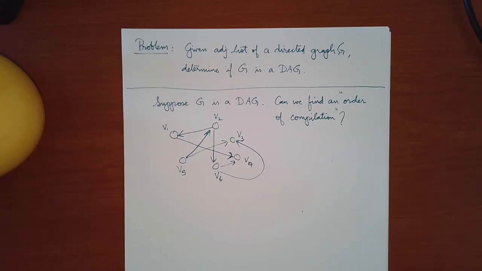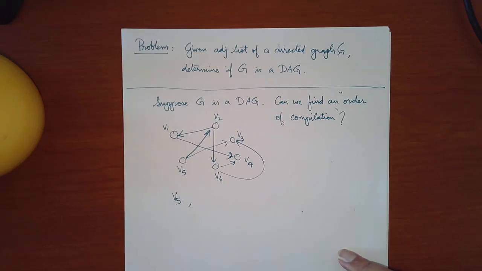If you did that for a large enough piece of code, it would take an extremely long time. But can someone just tell me in order, what is the first node that you would start with? What is the first thing that you would compile? V5. Why? Nothing's pointing at it. So you start with V5.